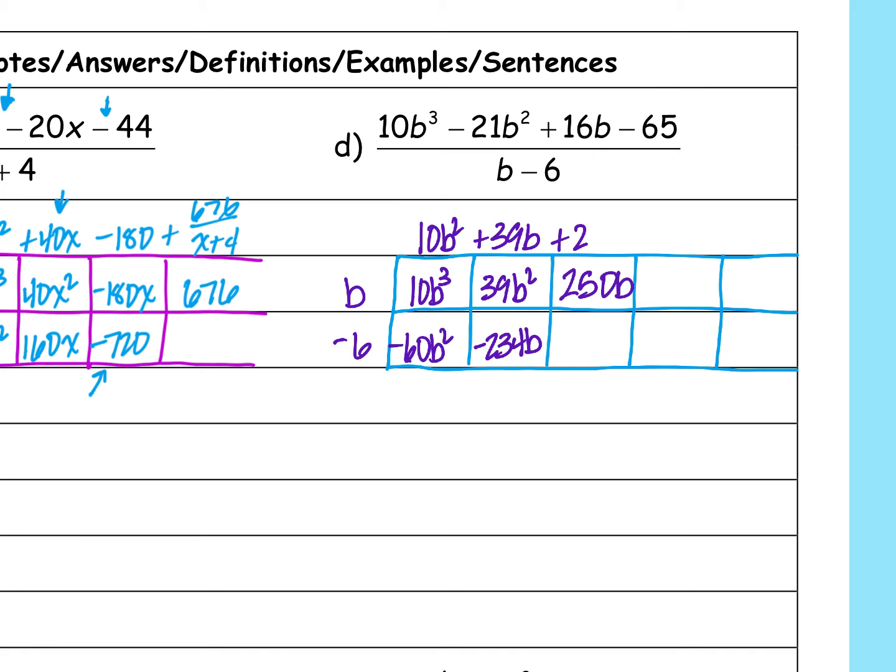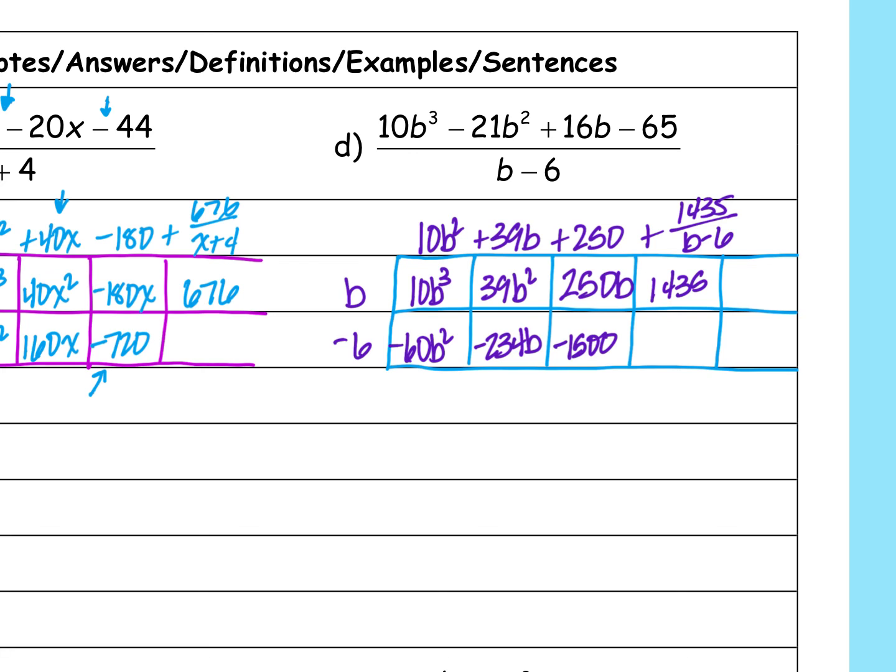So I'm going to add 250 there. And 250 times negative 6 is negative 1,500. And then I want negative 65, so 1,500 minus 65 should be 1435. So plus 1435 divisible by b minus 6. And there's our answer.